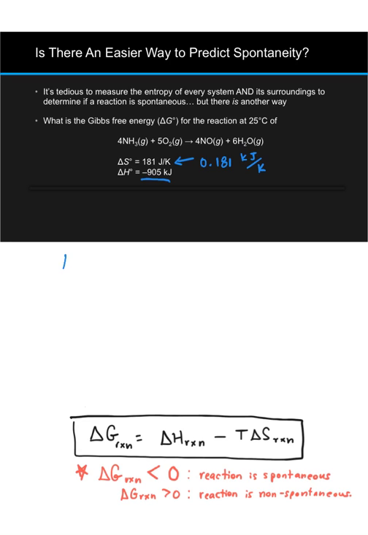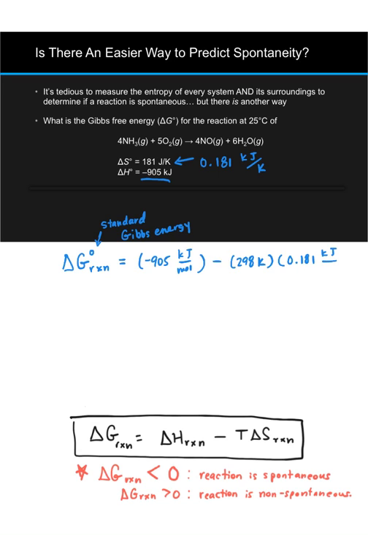When we calculate the Gibbs energy change for this reaction under these standard conditions, and therefore we'll give a naught symbol for a standard Gibbs energy, we'll come up with delta H, negative 905 kilojoules per mole, minus T, the 298 K, delta S, 0.181 kilojoules per mole per Kelvin.